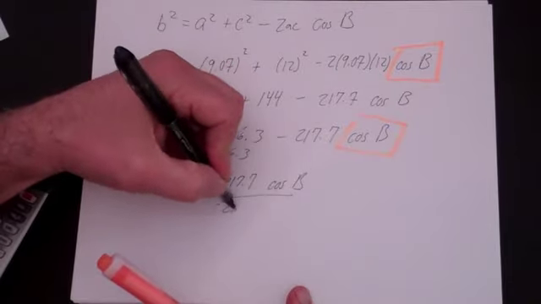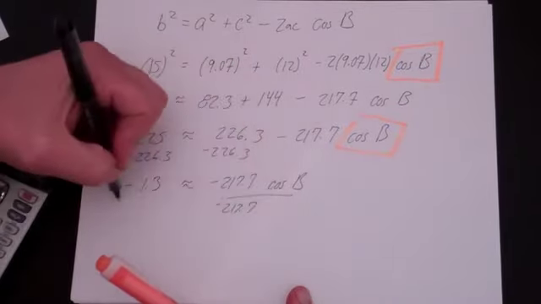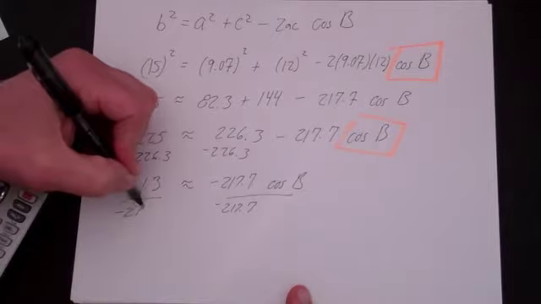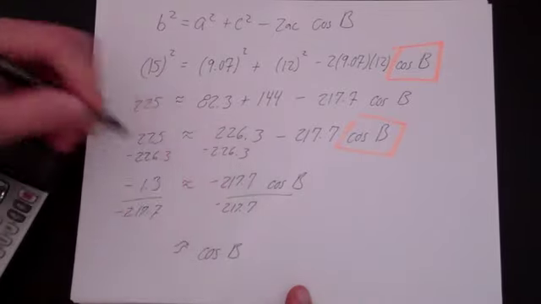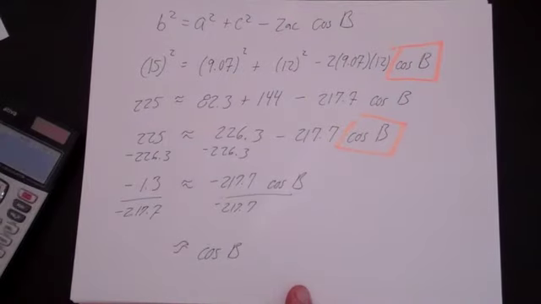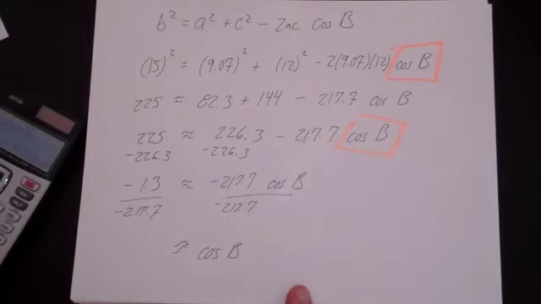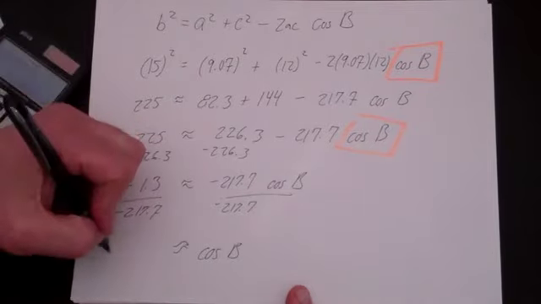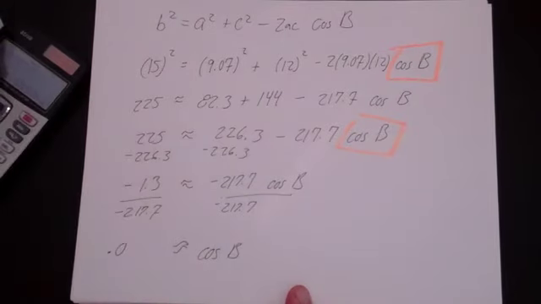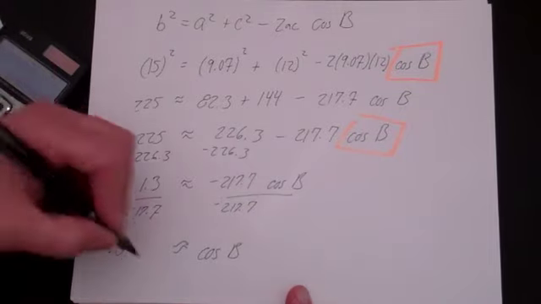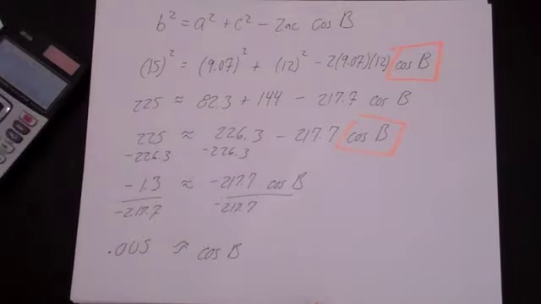Divide. So cosine B is approximately, that's going to be a small number, .005, I think.